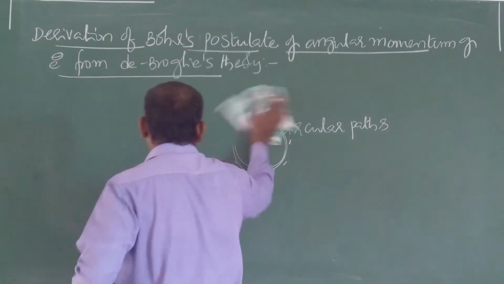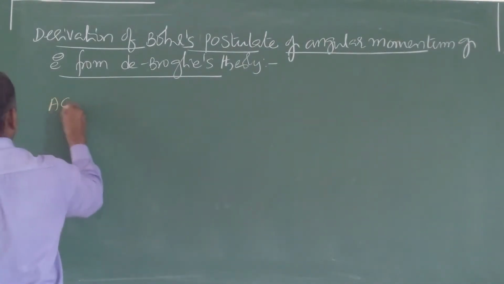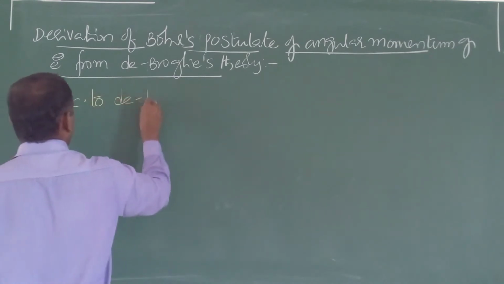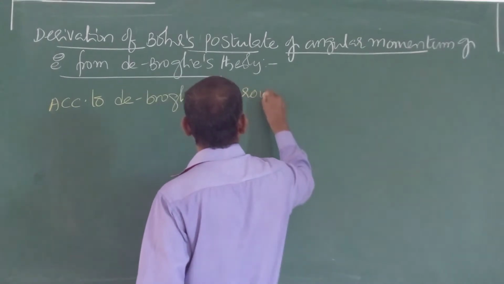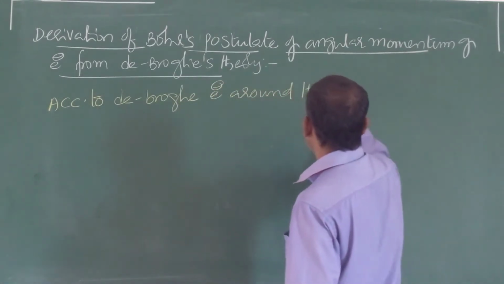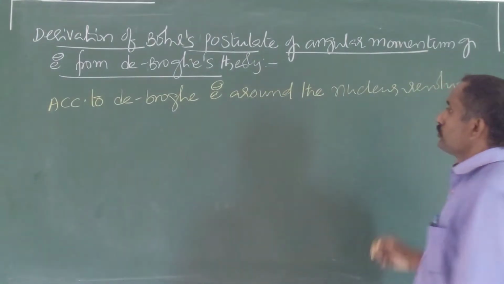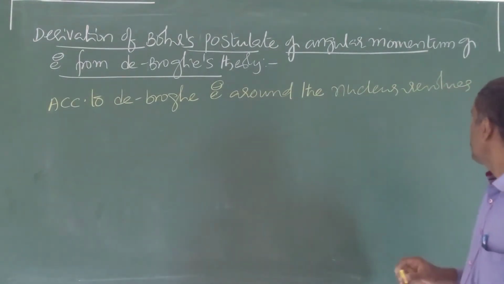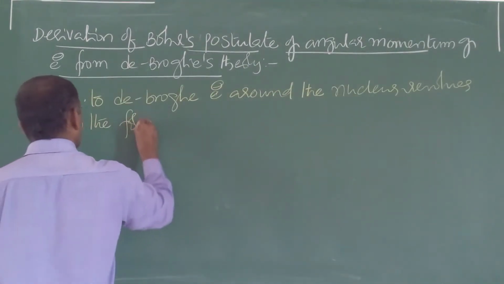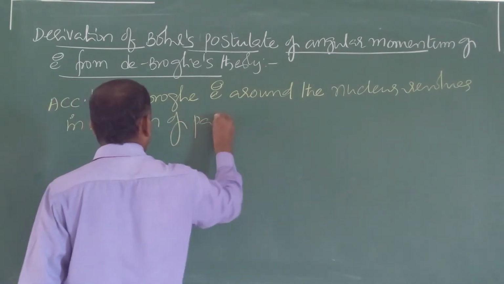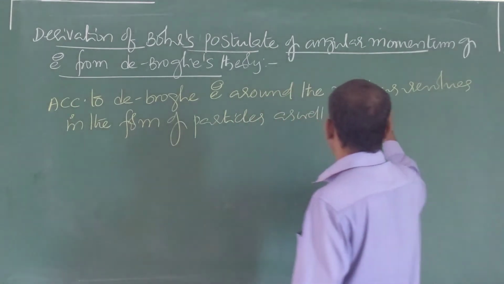So according to de Broglie, the electron around the nucleus revolves in the form of particles as well as waves.